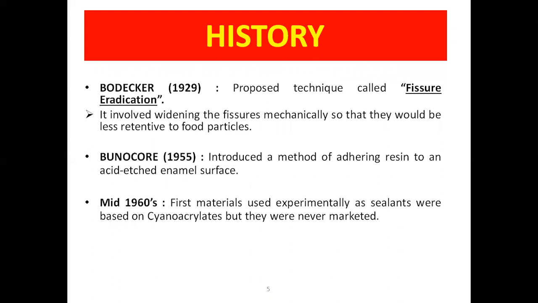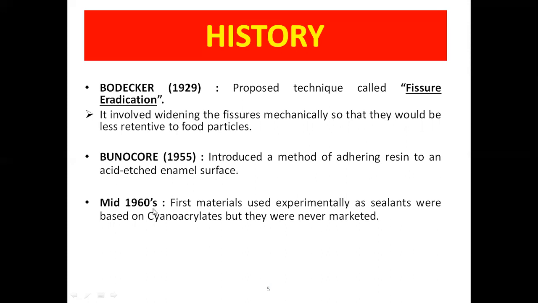Then Bodecker, in 1929, proposed a technique named fissure eradication. It involves widening the fissures mechanically so that they would be less attractive to food particles. Then Buonocore, in 1955, introduced another method of adhering resin to acid-etched enamel surface.